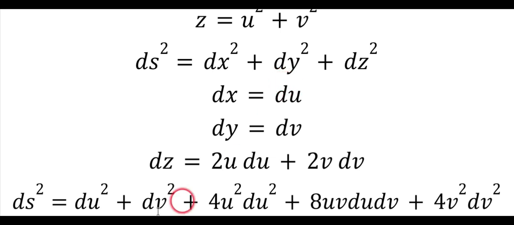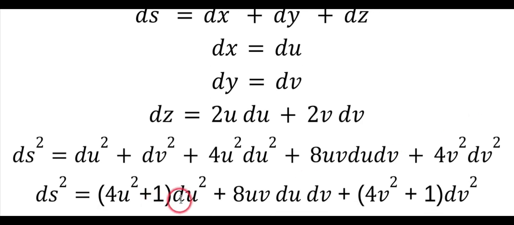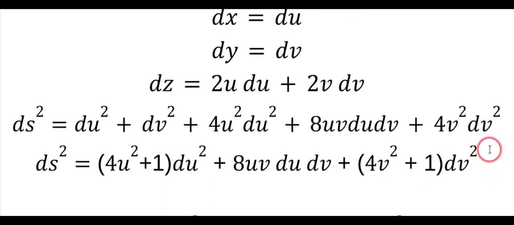So just du squared plus dv squared. Then we square this, so we FOIL it. We get this expression. We gather up all of our terms, so the du squared term is 4u squared plus 1, we got this term by itself, and 4v squared plus 1. Alright? So here is our infinitesimal line element parameterized on the surface of that paraboloid.